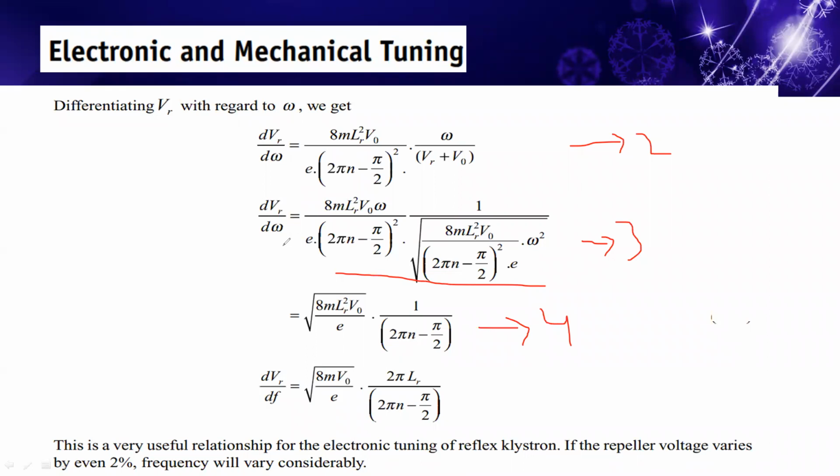We have omega equal to 2πf. From this relation, we have dVr/df equal to the square root of 8mV0/e times 2πLr divided by (2πn − π/2). This is a very important relation for the electronic tuning of the reflex klystron.